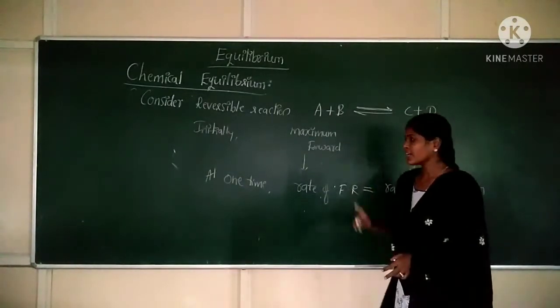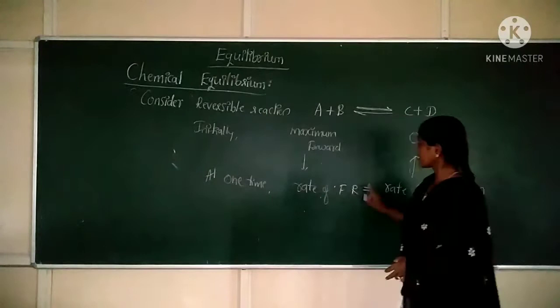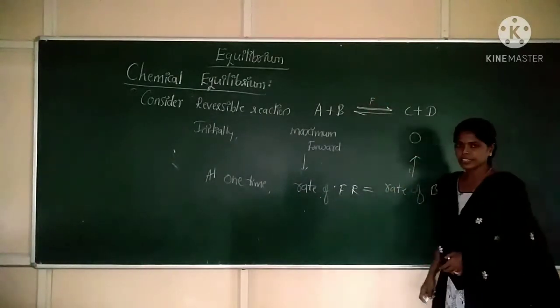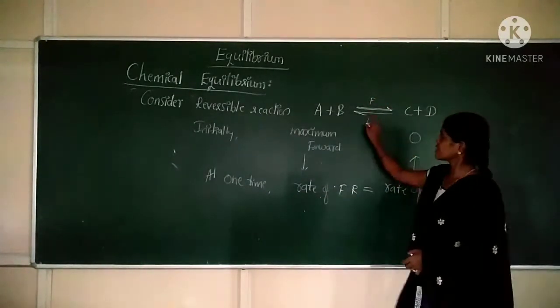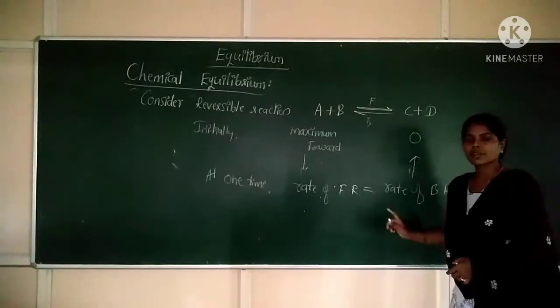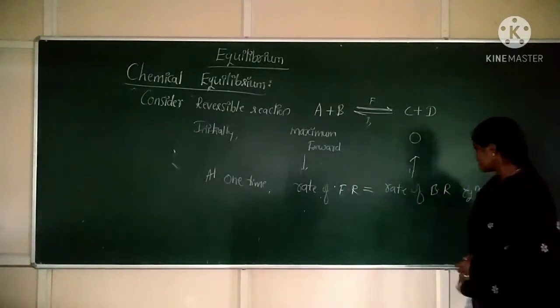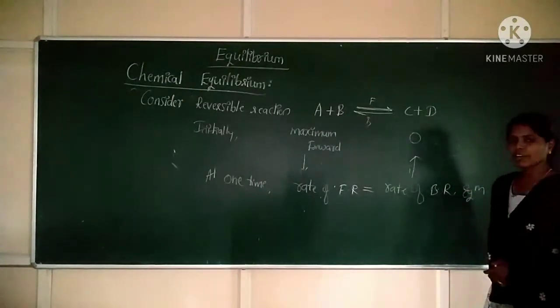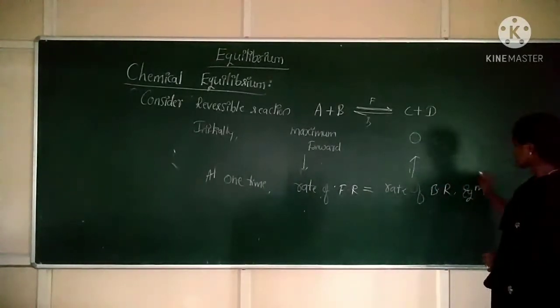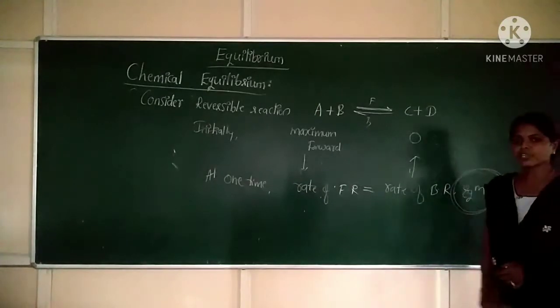A time will come when the rate of forward reaction and the rate of backward reaction will be equal. At that point the reaction is said to be at equilibrium.